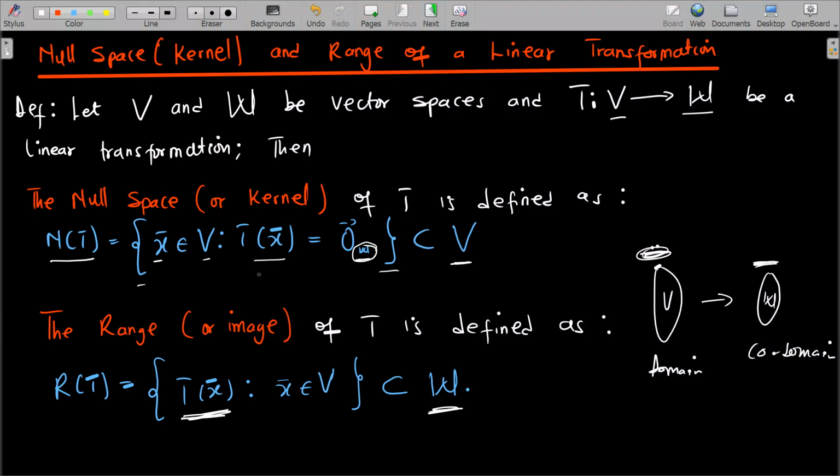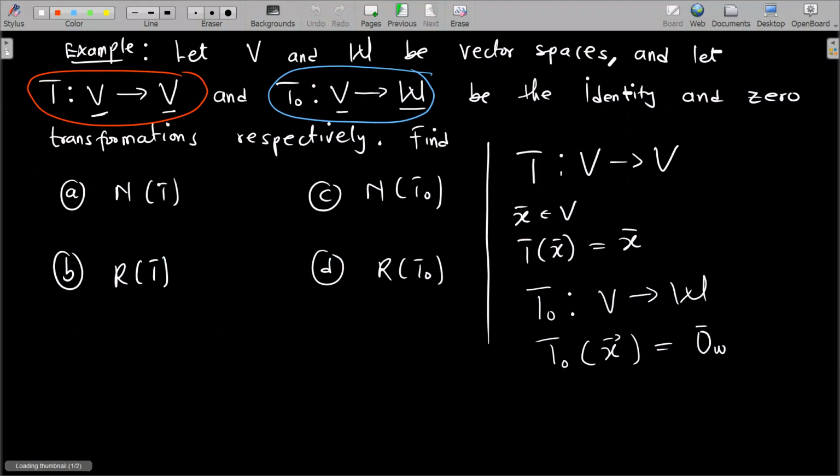When you take the transformation of X, you're going to get the 0 vector in W. That is why we have the subscript W here, right? So what I mean is that whatever transformation you do on all the vectors in V, you're going to get a 0. That's what this transformation means. The 0 transformation takes an element in V and maps it to the 0 vector in W.